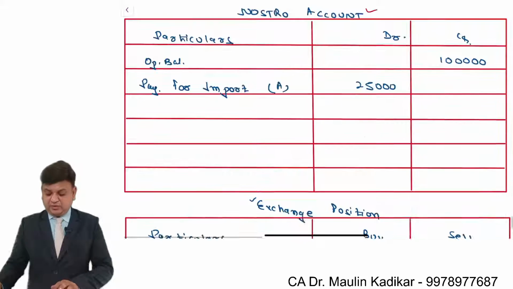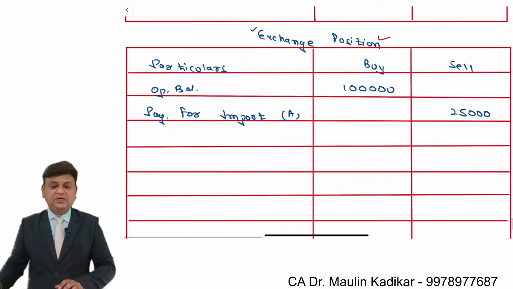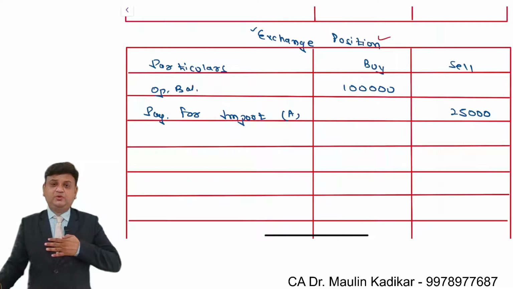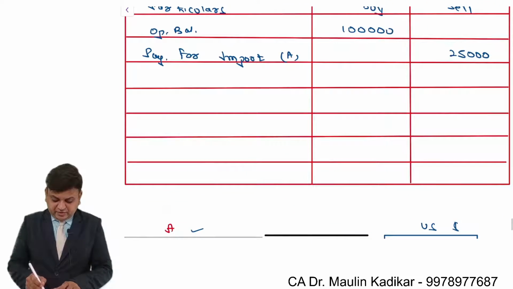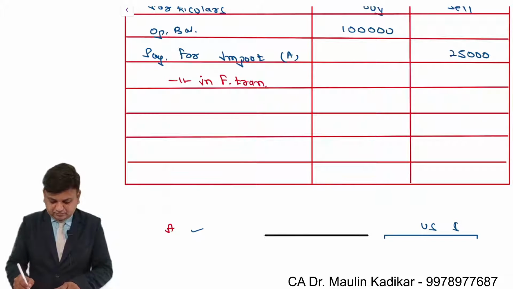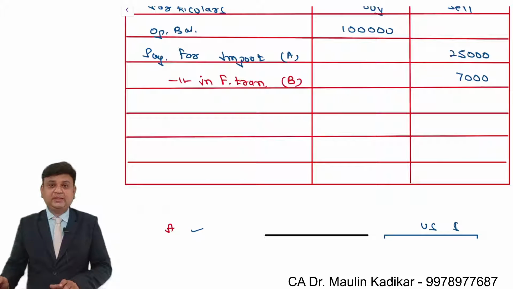It will have impact only in the exchange position, with which the bank can come to know what kind of overbought position or oversale position it is having. So the payment for import in forward transaction, with B Limited, an amount of 7,000. This is what we understand.